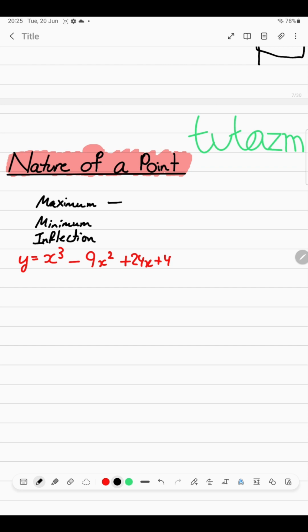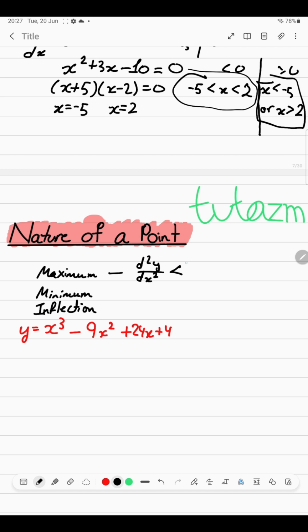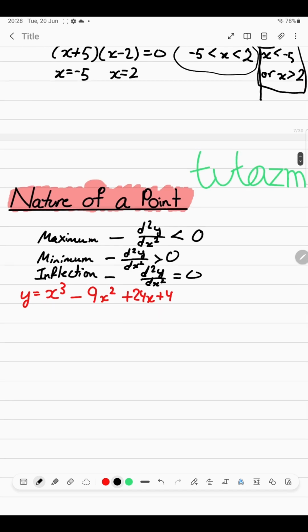At a maximum point, d squared y by dx squared is less than 0, and when we have a minimum point, d squared y by dx squared is greater than 0, while at a point of inflection, d squared y by dx squared is equal to 0.